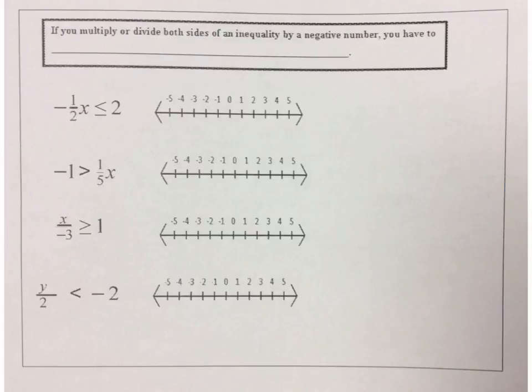Here we go again. The same rule. Multiply or divide both sides, you're going to flip the sign. So here we are multiplying by negative 1/2 with x. So we're actually going to divide by negative 1/2. But remember, when you divide fractions, it's the same thing as multiplying by negative 2.